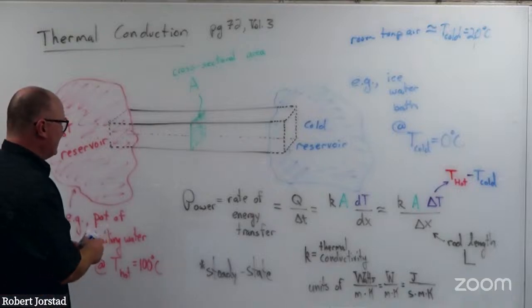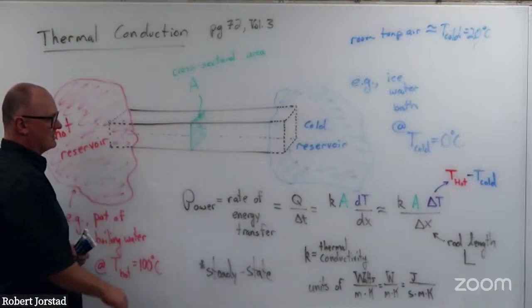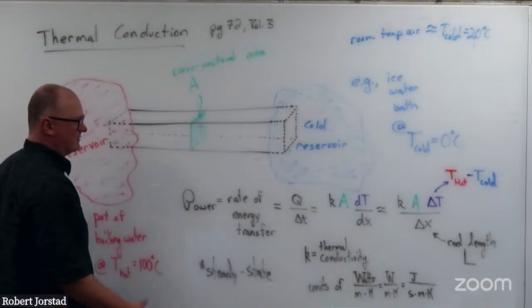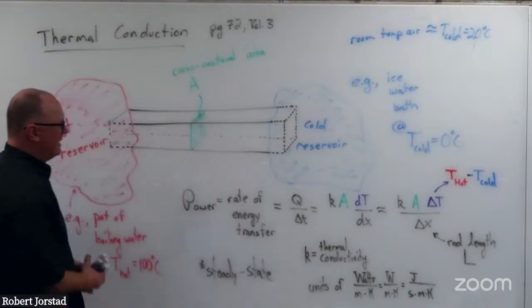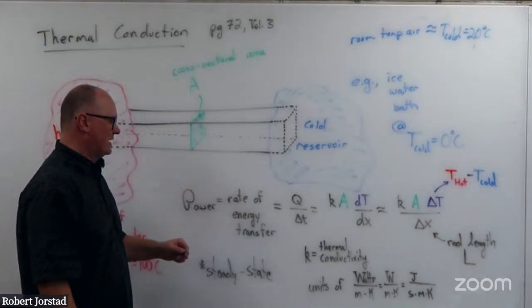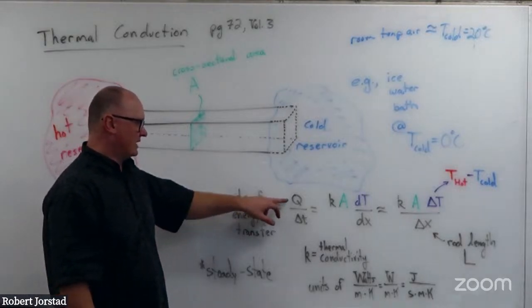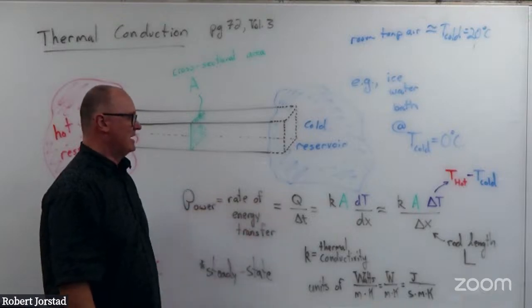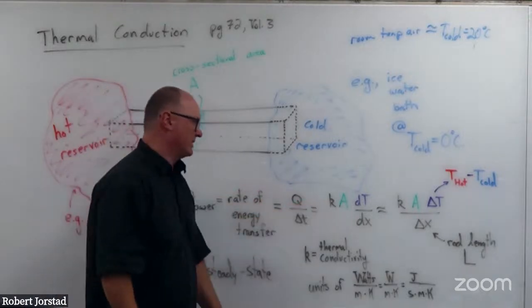And then in there you insert a rod or some slab of material, or could be a cylinder, whatever. The power or rate of energy transfer, or the amount of heat transferred per unit time, is given by this equation.